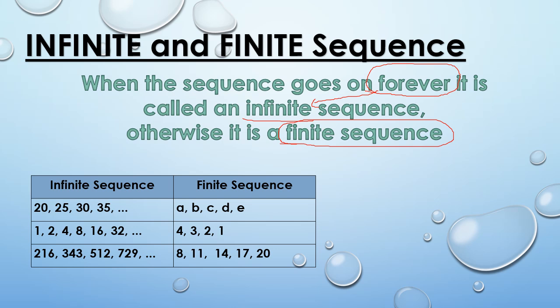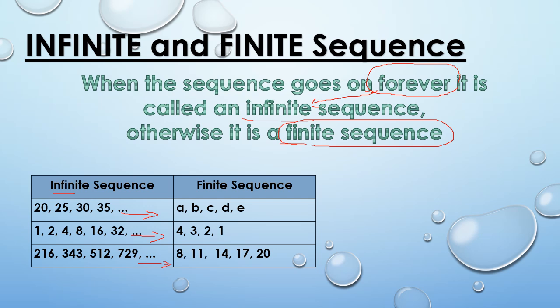So, example, 20, 25, 30, 35, and so on until forever is an infinite sequence. 1, 2, 4, 8, 16, 32, and so on. Ang tawag dyan ay infinite. 216, 343, 512, 729, and so on is also an infinite sequence.